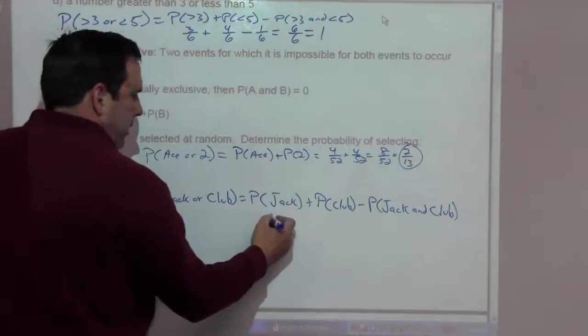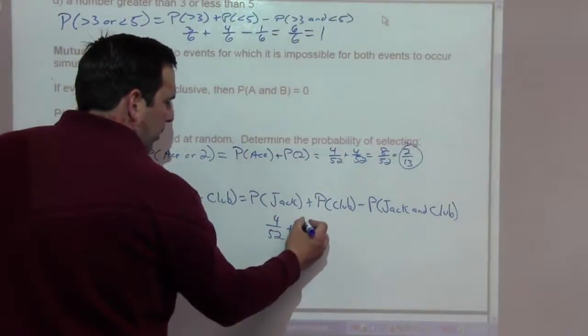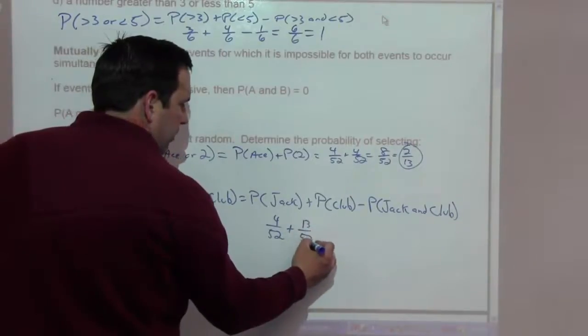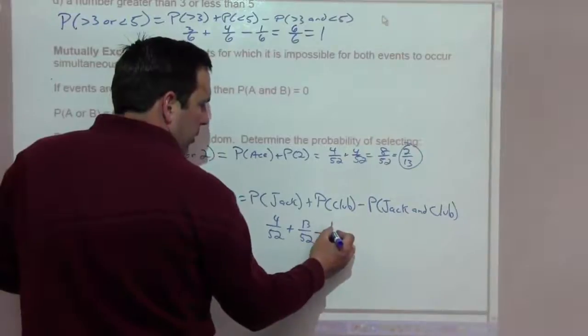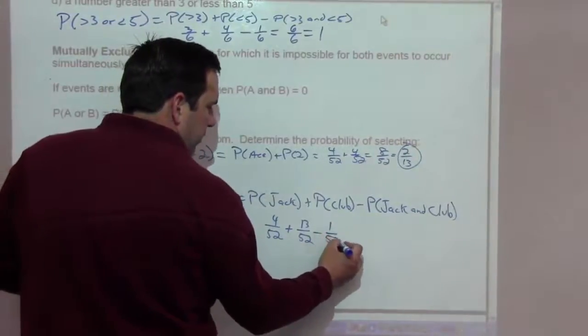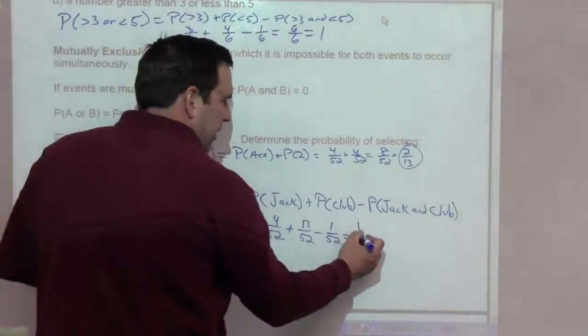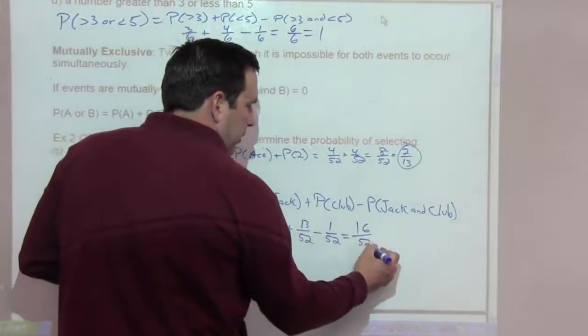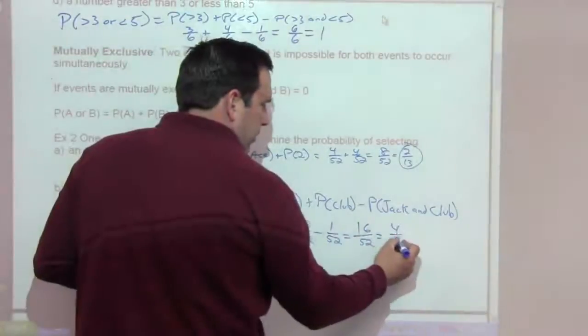So the probability of a jack is going to be 4 out of 52. The probability of a club is going to be 13 out of 52. The probability of being a jack that's a club, that's one card. There's one jack that's a club, 1 out of 52. So 4 plus 13 is 17 minus 1 is 16 over 52. And that can be reduced to 4 over 13.